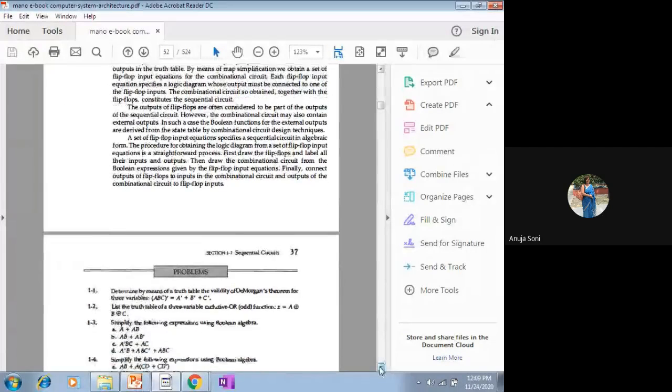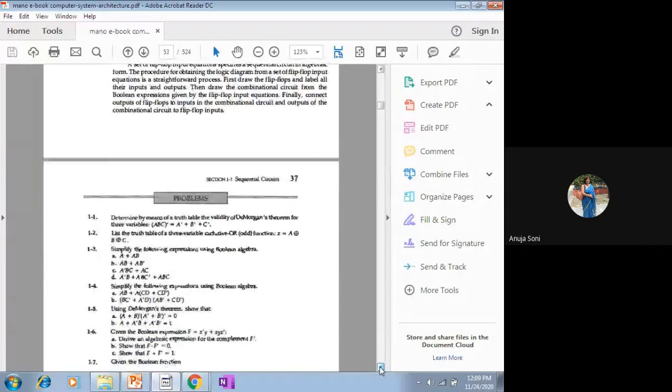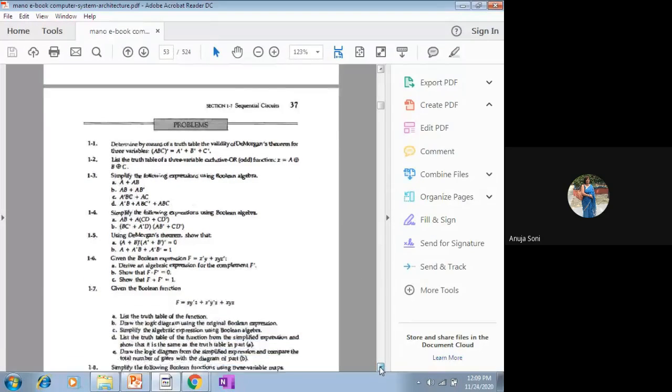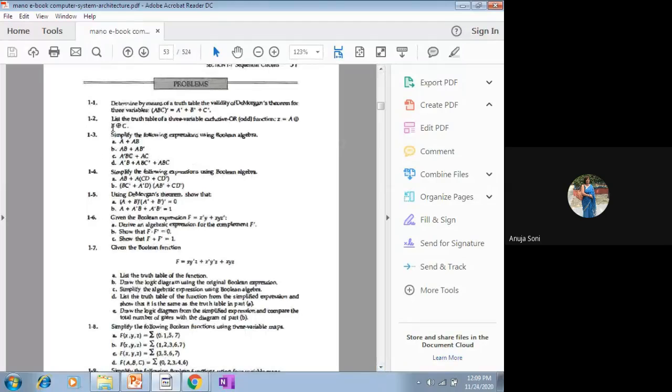Today we will be covering the simplification of Boolean expressions using Boolean identities, and based on that you have to solve the first 7 questions from the back exercise. First 7 questions, and we will be discussing all these questions in the next class. You will be solving them and submitting them to me in the form of an assignment as well.